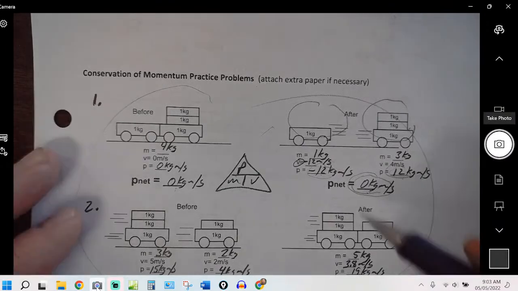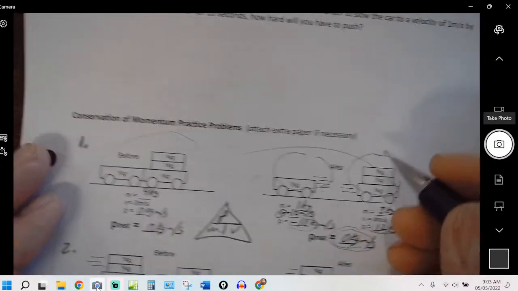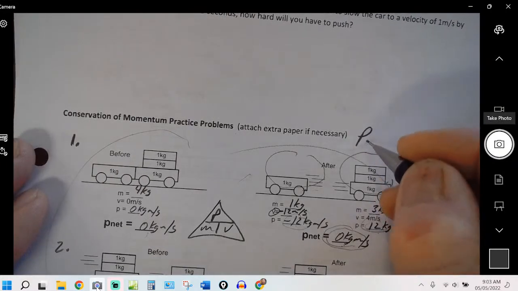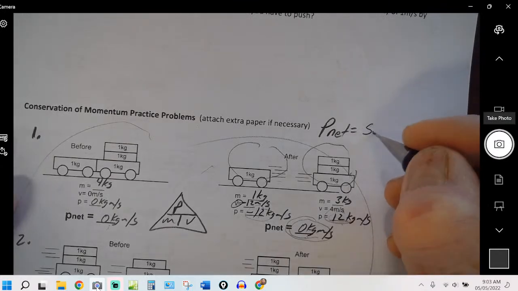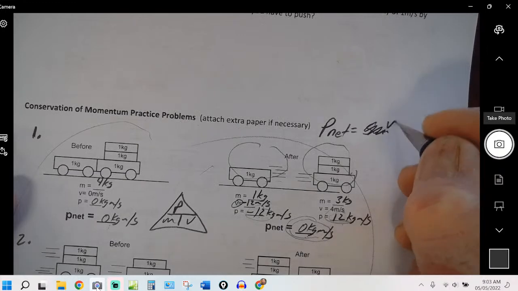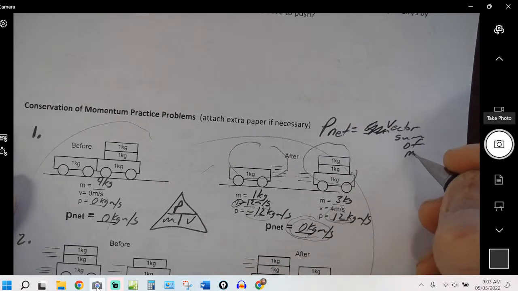Yeah. And if you want to write that out, you could write yourself a little equation. You could say the net momentum, I'll just write vector sum of momentums.